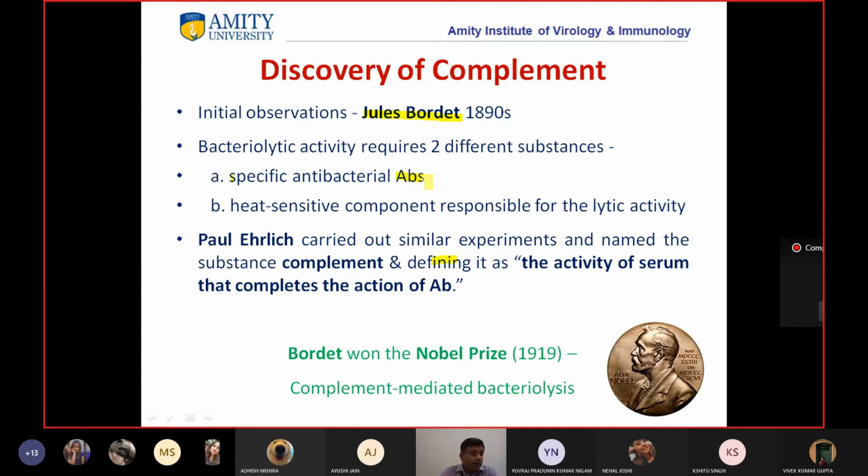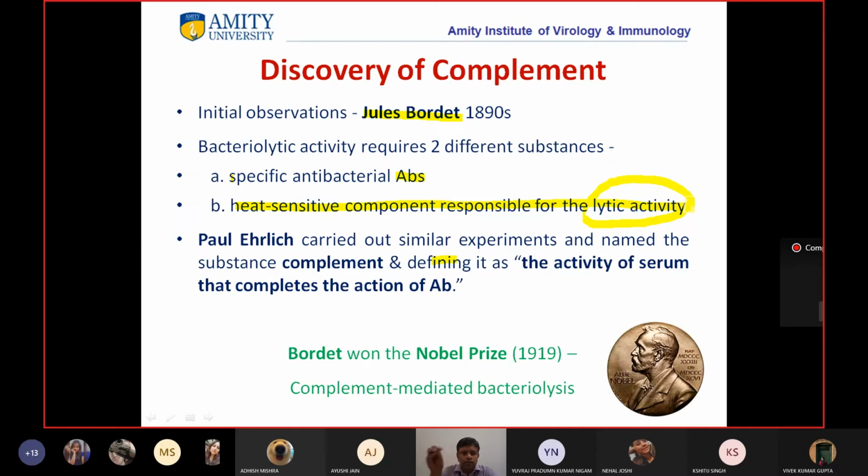And there is one more thing, a heat sensitive component responsible for the lytic activity. So something apart from antibody which is responsible for the lysis of the pathogen. At that time he just knew this.